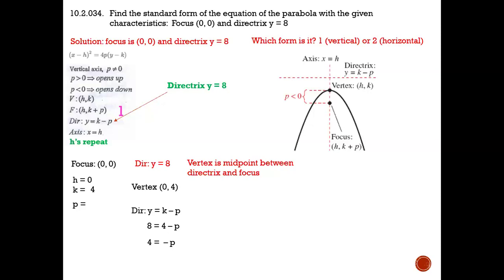So p is equal to -4. Now that I have all the variables I need, I plug them into my formula, and once I do that, I have an answer: x squared is equal to -16 times (y minus 4).